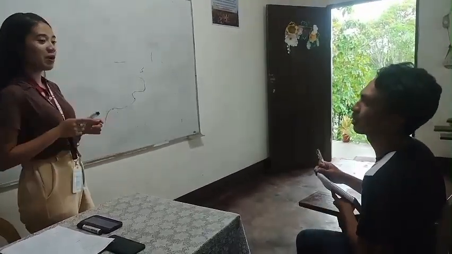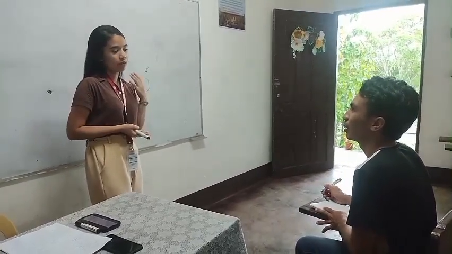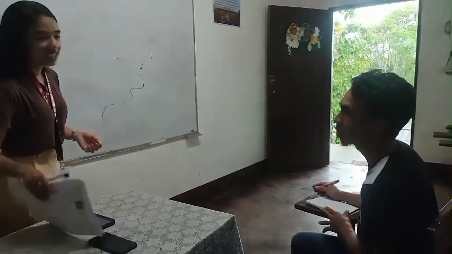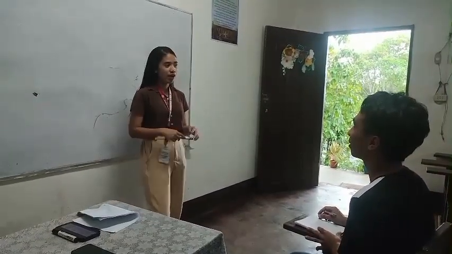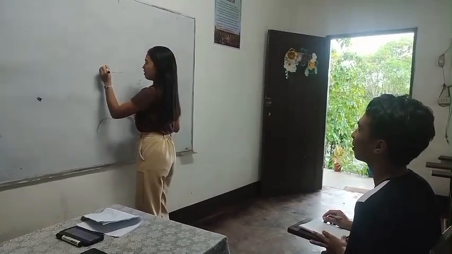So first, I am going to discuss with you what is GCD. When we say GCD, it is the greatest common divisor. It is also called the greatest common factor. When we say factors, for example, we have the value of 8.